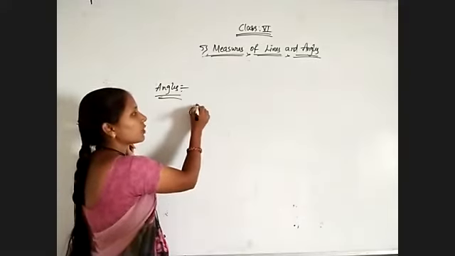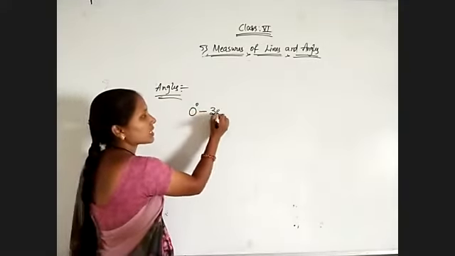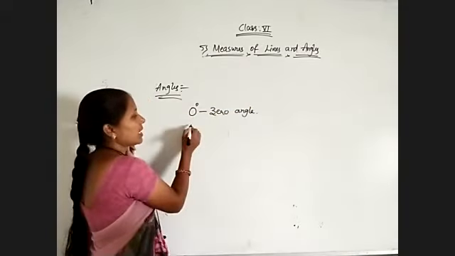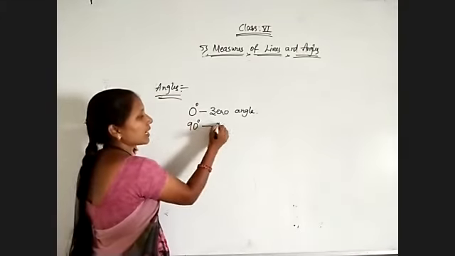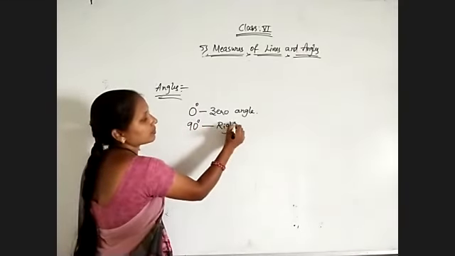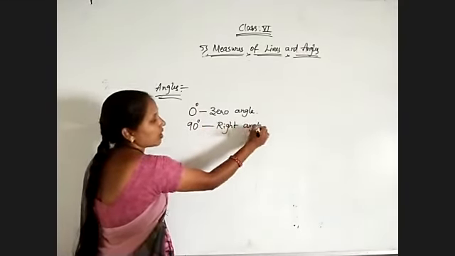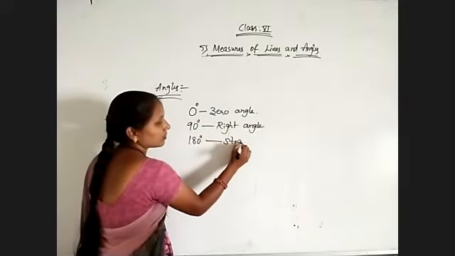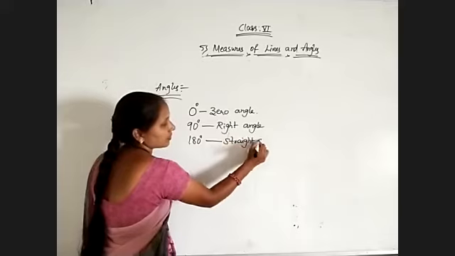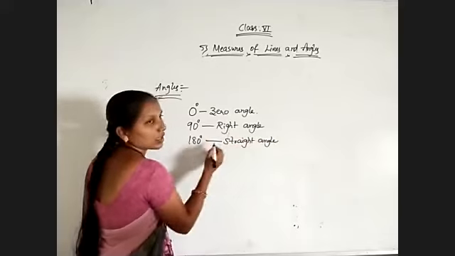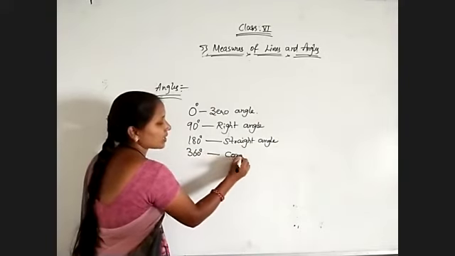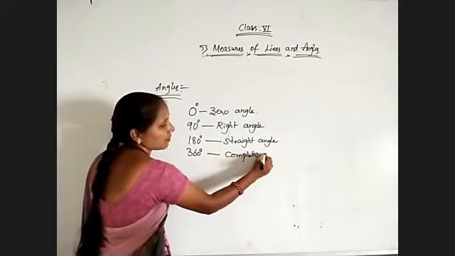First of all, 0 degree is named as a zero angle. And 90 degrees is named as a right angle. 180 degrees is named as a straight angle. And 360 degrees is named as a complete angle because a complete rotation will be finished.